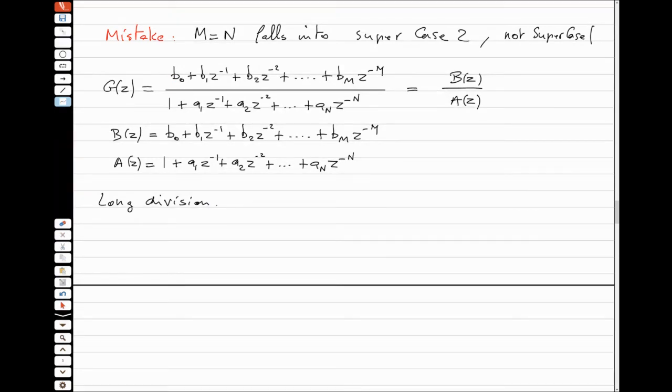And I know that at least one student in this class is going to follow me. And so I divide b of z by a of z, like that. And I'm sure many of you are going to say, oh, what's that? What is he doing? I don't understand what he's doing, right? Q of z is the quotient, R of z is the remainder.